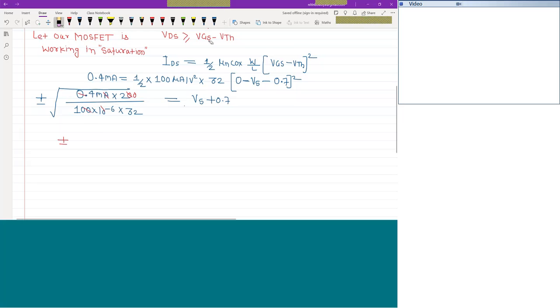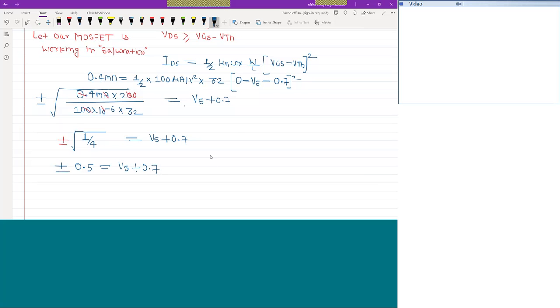This is 8/32. 8/32 is 1/4. 1/4 is equivalent to Vs plus 0.7, and this can be written as plus minus 0.5 equal to Vs plus 0.7.